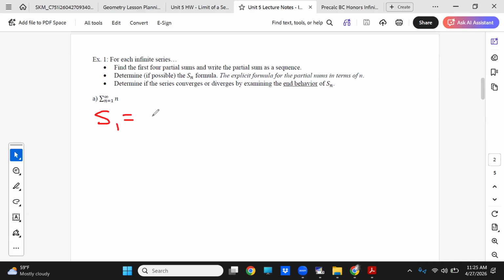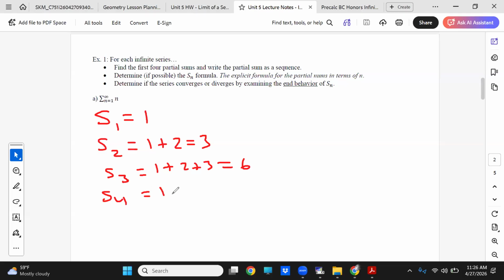Just 1. What's the sum of the first 2 terms? 3. What's the sum of the first 3 terms? 6. What's the sum of the first 4 terms? 10.